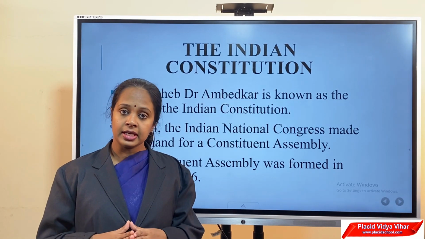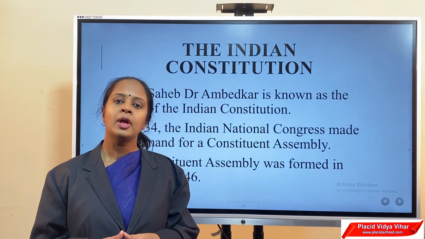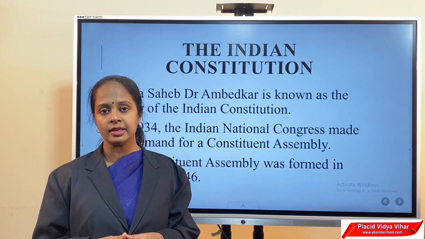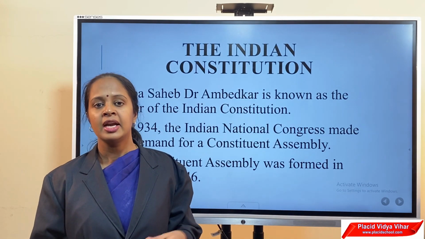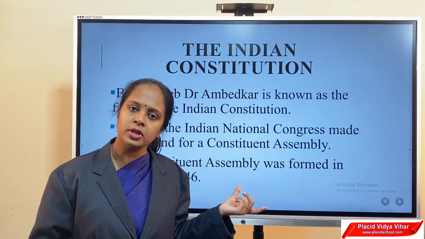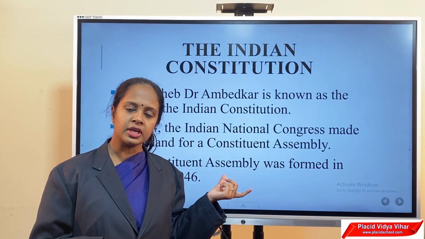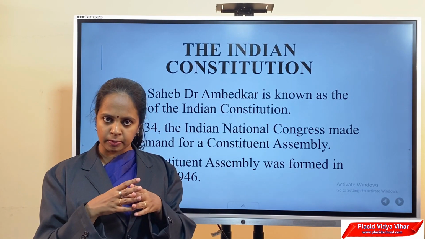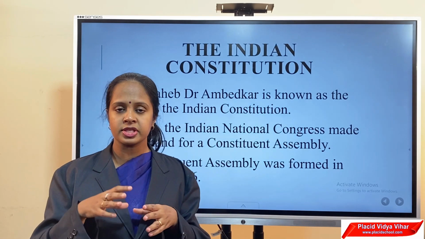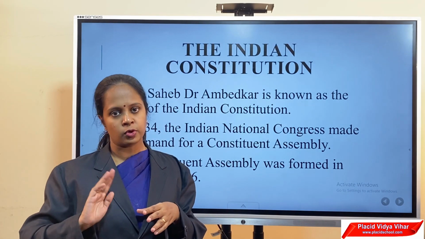And dear students, in the year 1934, a political party called the Indian National Congress demanded a constituent assembly. Constituent assembly means a group of people who periodically assemble to draft our constitution.